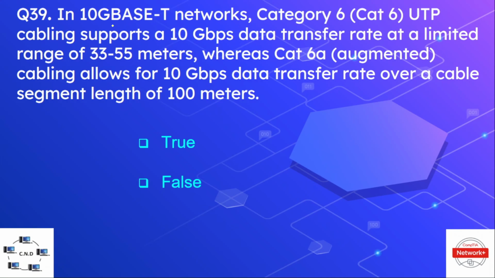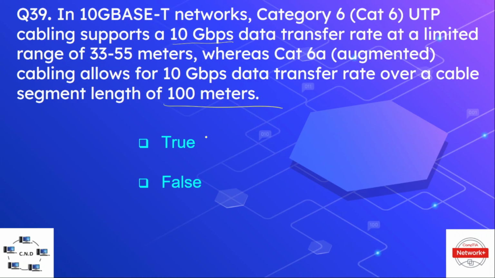Question number 39 is that in 10G base T network, Cat 6 UTP cabling supports a 10 gigabit per second data transfer rate at a limited range of 33 to 55 meters, whereas Cat 6A, where A stands for augmented cabling, allows for 10 gigabit per second data transfer rate over a cable segment length of 100 meter.